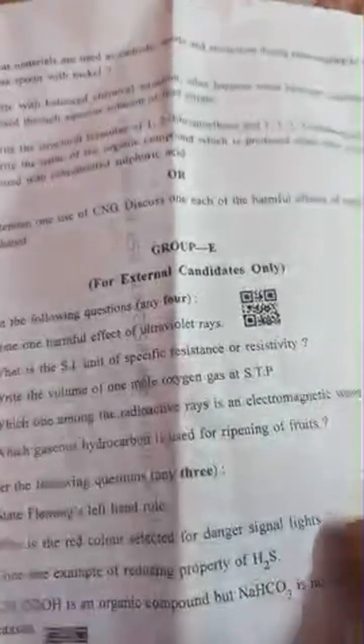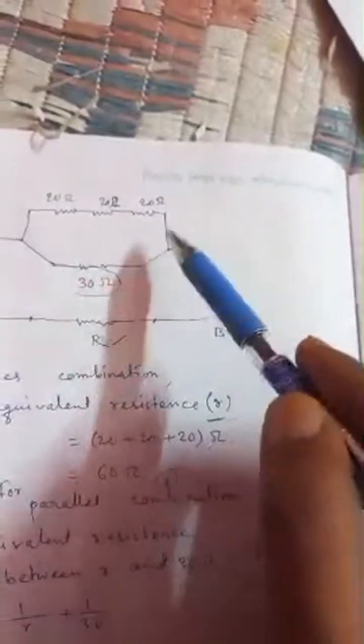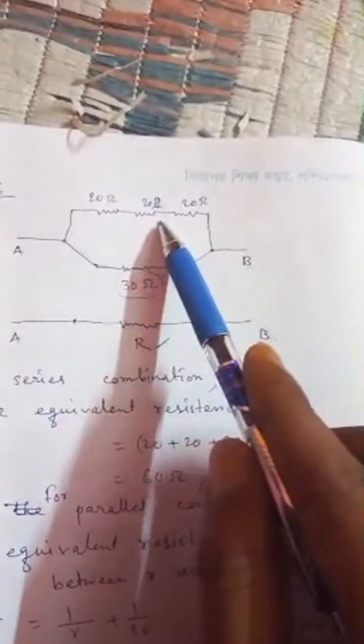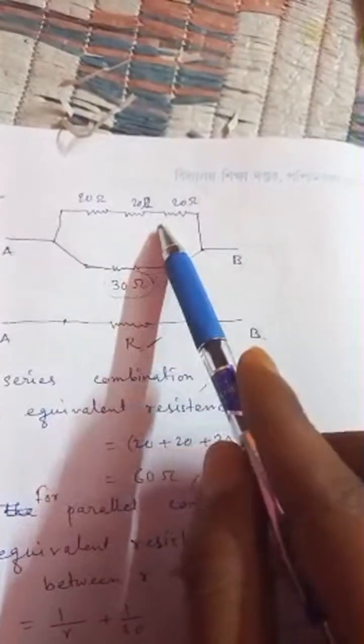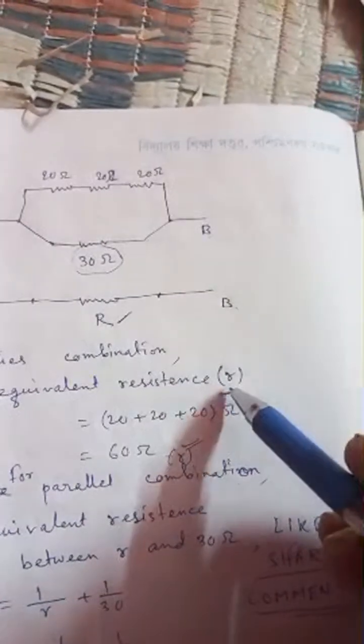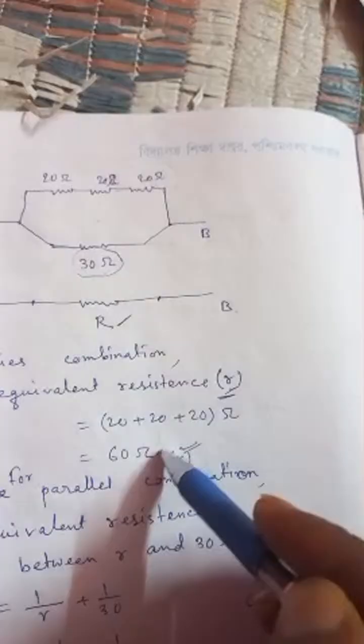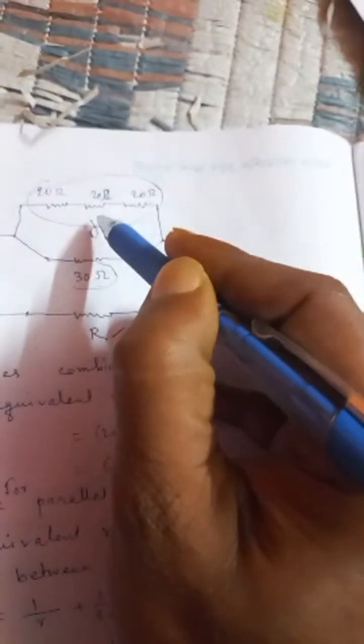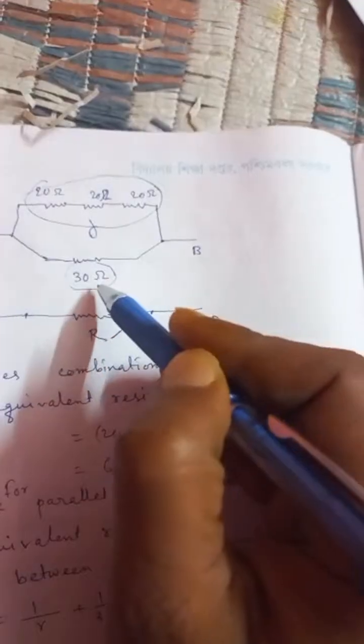So in this diagram, the resistances in series combination have an equivalent resistance which I have taken as small r, 60 ohm. Now if I replace this, this is small r, and this is 30 ohm.